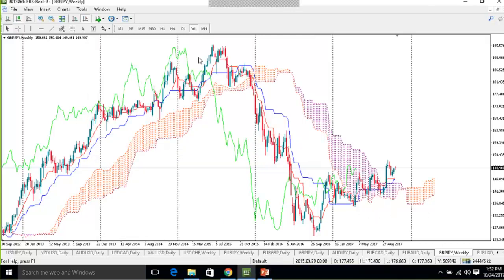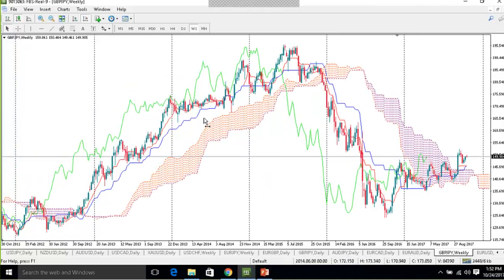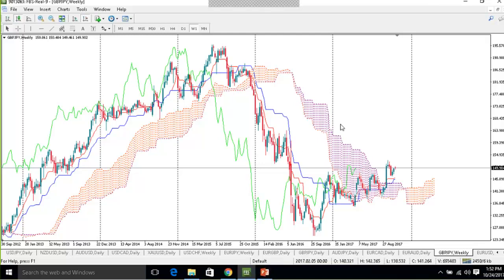Here it is, the Japanese yen weekly chart, for example. I quite like how it works with the Japanese yen, and I can't tell you 100% that it is better, but I think it is really, really good with the Japanese yen.